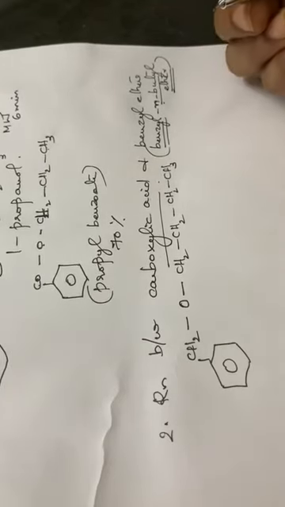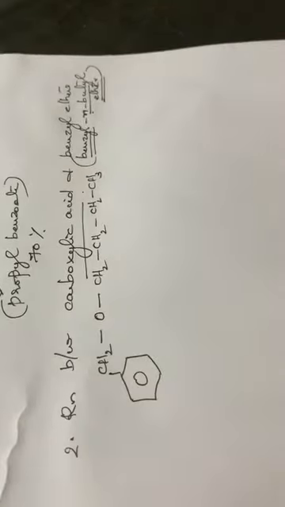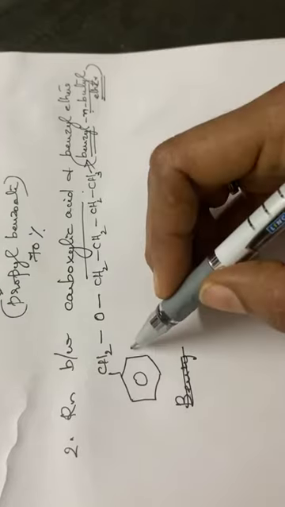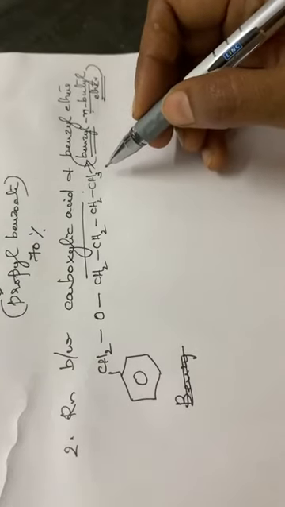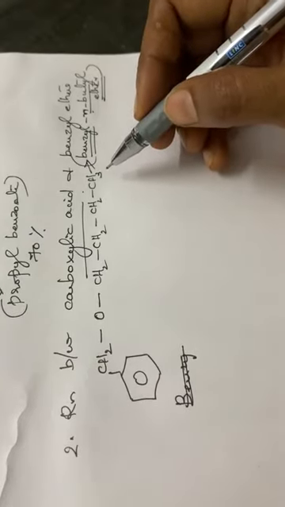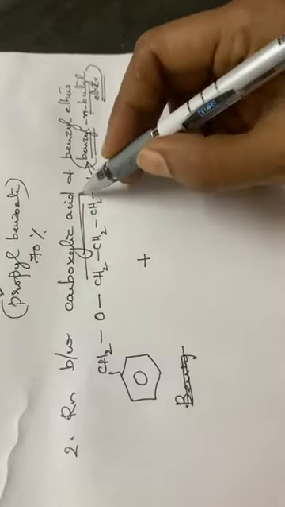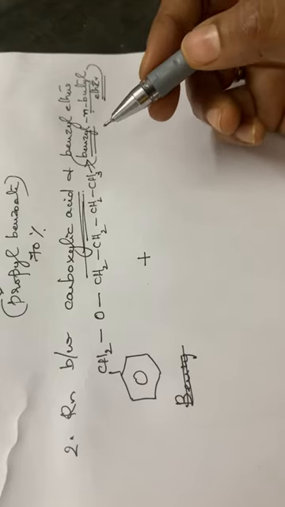So this is benzyl n-butyl ether. Okay, this is benzyl, I am not writing it again. Hope you understood how to write the compound. And also this benzyl n-butyl ether reacts with a carboxylic acid.